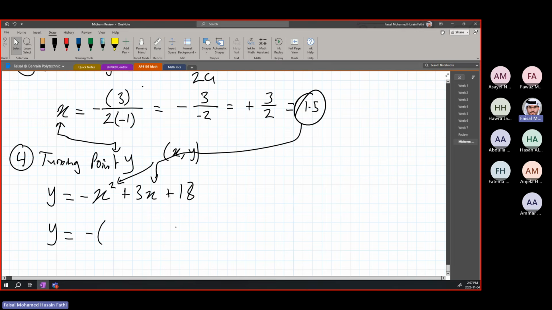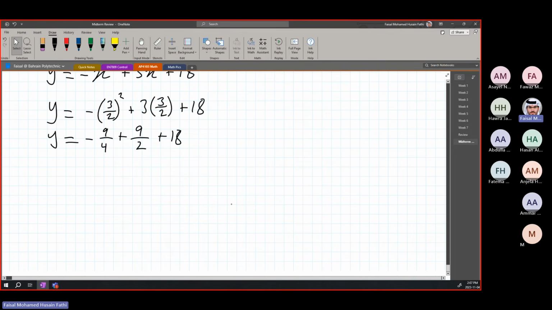So y is equal to minus 3 over 2 squared plus 3 into 3 over 2 plus 18. Y is equal to minus 9 over 4. 3 squared is 9, 2 squared is 4. Plus 3 times 3 is 9 over 2 plus 18.